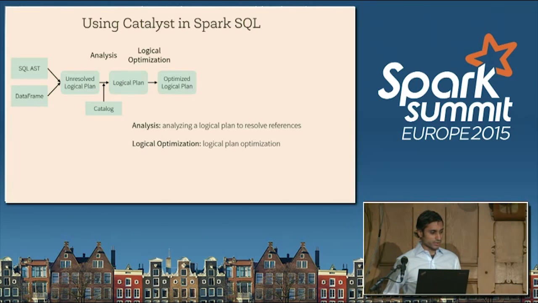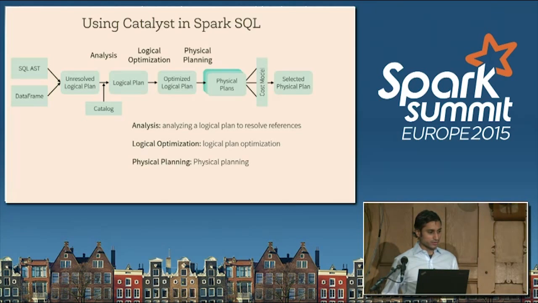From the logical plan, you do some optimizations, logical optimizations. And then you do physical planning. And then you generate some potential choices for physical plans. And then based on cost, you don't choose, Catalyst chooses a physical plan for you. So this is essentially what we were seeing when we ran those explain statements.